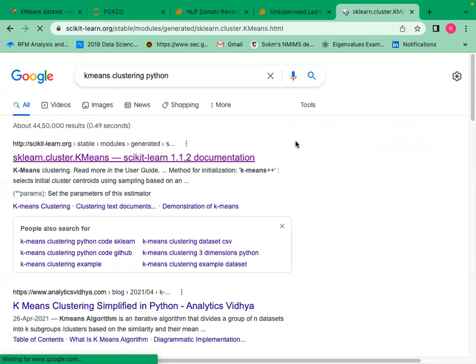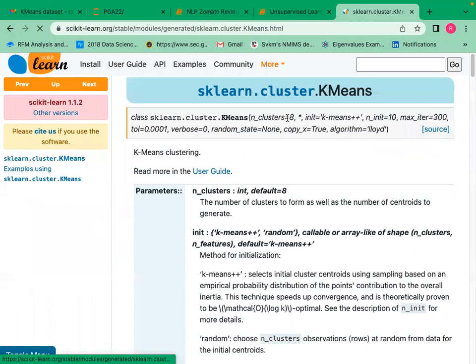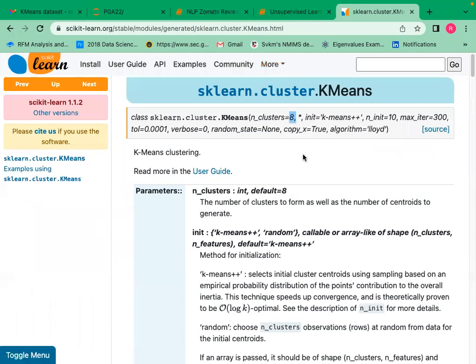Why is my internet also slow? So by default is 8, sorry. 8 clusters is the default one, right?